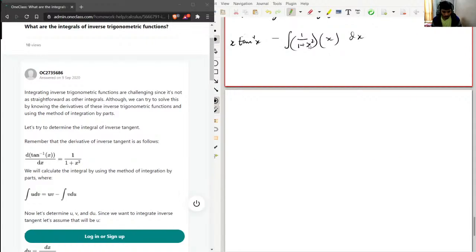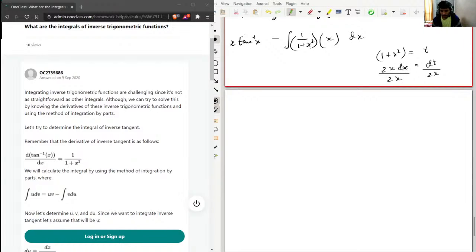Now what I will do, I'll substitute this 1 plus x square as, let's say, t. Then my dt will be, derivative of this will be 0, this will be 2x dx. I can divide both sides with 2x.